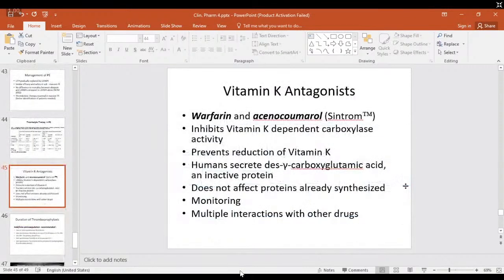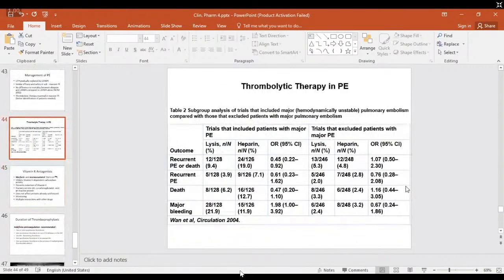The most commonly used thrombolytic therapy actually is TPA, or tissue plasminogen activator, which is alteplase, but there are also other options like tenecteplase. Streptokinase is also an older thrombolytic drug, but again, they're reserved for hemodynamically unstable patients, and they have a very good effect.